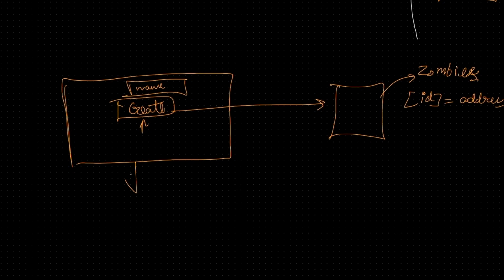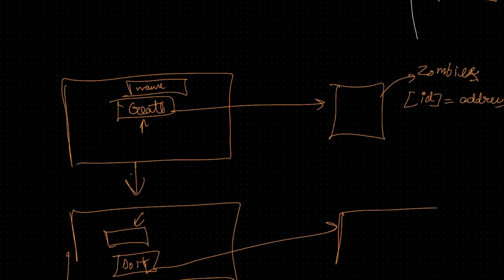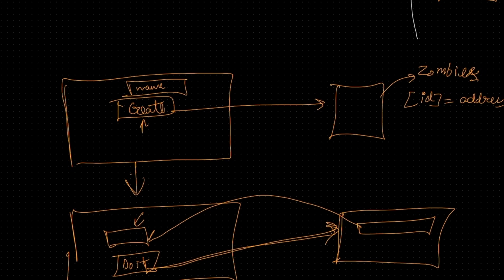In the future, your user might go to a different page and there they would have an input box that says, give me the zombie ID you want to mutate, and then a button that says, whatever, do it. When they click on this button, the contract call that happens first needs to verify that the address of this user making this call is the actual person who owns this zombie ID.